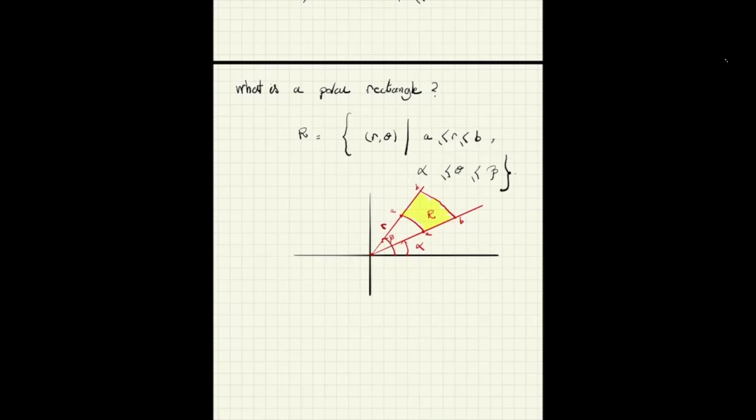If you want to compute the integral over this, you would do it with a type 1 and type 2 region. It's going to be a bit of work to divide this region up. That's what I'm telling you. But here we're going to provide you with a way to do it very quickly. So we would like to see what a double integral looks like in polar coordinates.